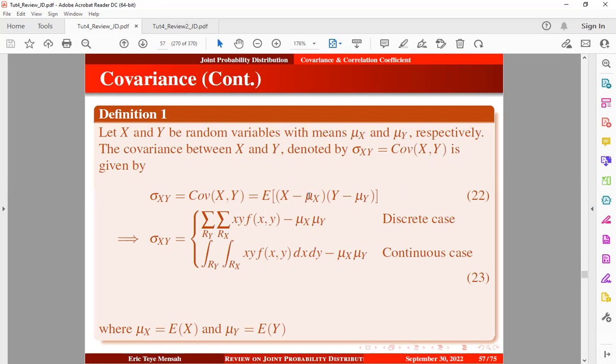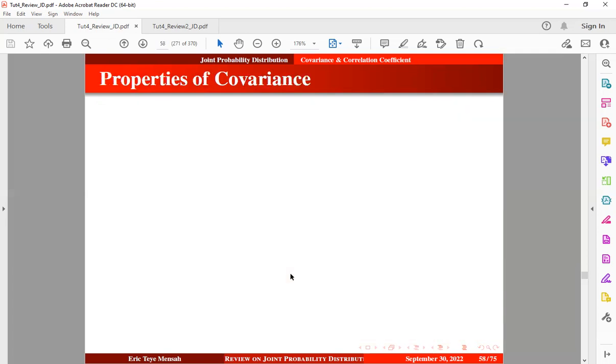So this is similar to the expectation of x, and this is similar to the expectation of y, okay? So when your random variables x and y are discrete, you can use this to obtain the covariance. And if x and y are continuous, you can use this expression to obtain the covariance between the two random variables.